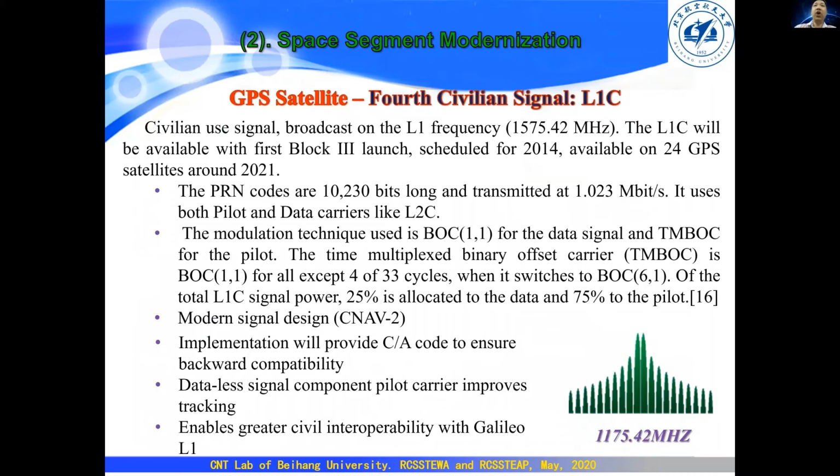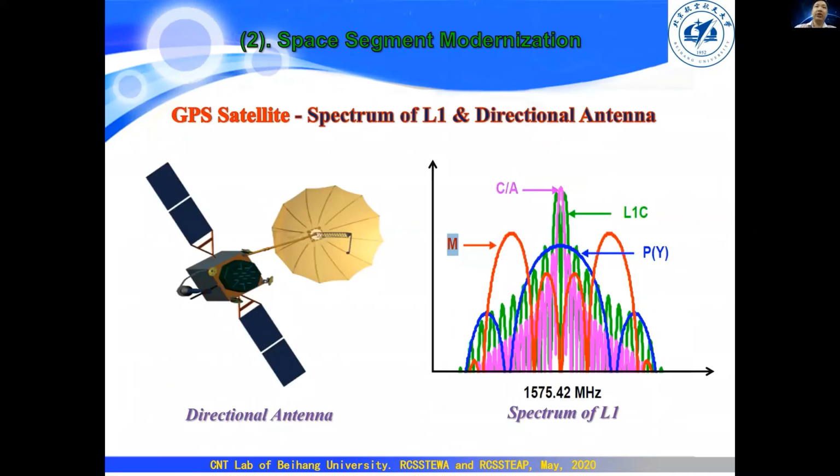So totally, the GPS 3, block 3, has many interesting structures. The first is what we call a directional antenna. This antenna will send the signal to a specific region, region 1, region 2, and then in this region the signal is augmented and has better performance.